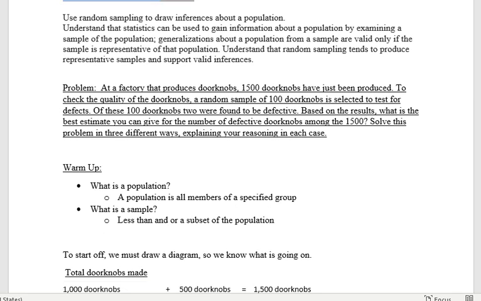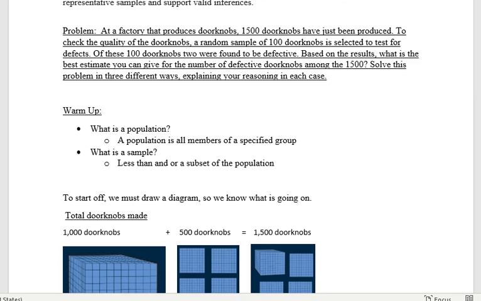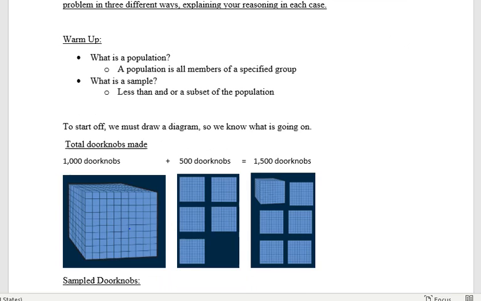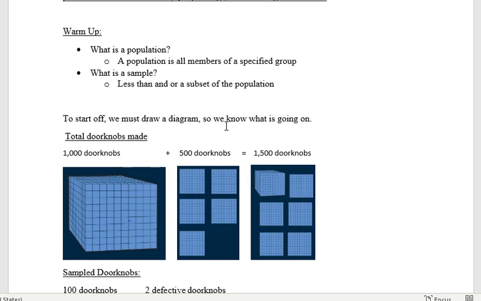To begin, we need to make a diagram or a drawing to see what's going on so we can understand the problem. 1,500 doorknobs. So our full population is 1,500.